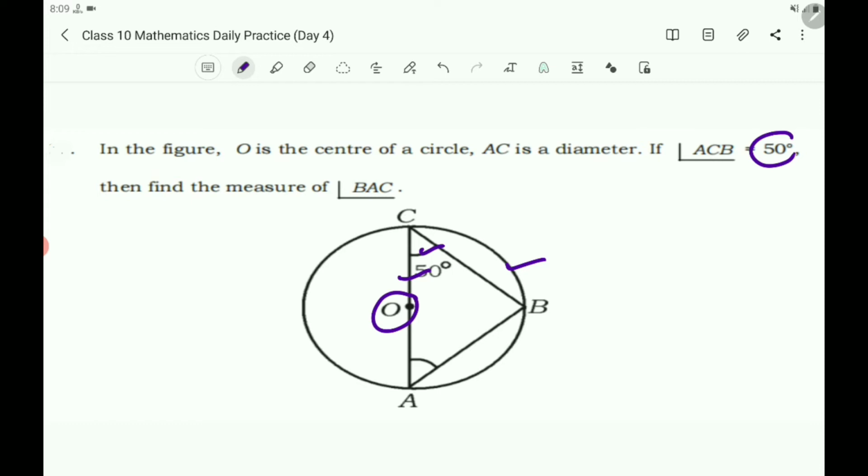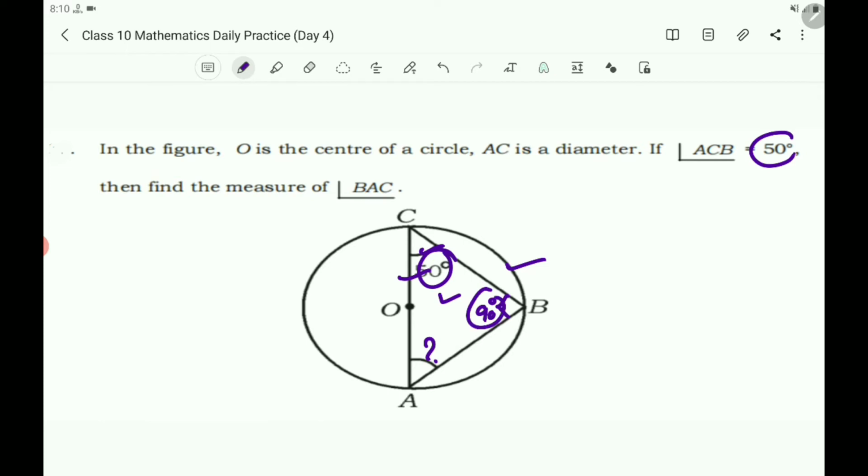We have to find the angle BAC. As AC is a diameter, what is the measurement of the angle ABC? That is the angle in the semicircle, so it must be equal to 90 degree. Now the sum of the three angles of a triangle is equal to 180 degree. To get this angle BAC, 180 minus sum of these two angles.